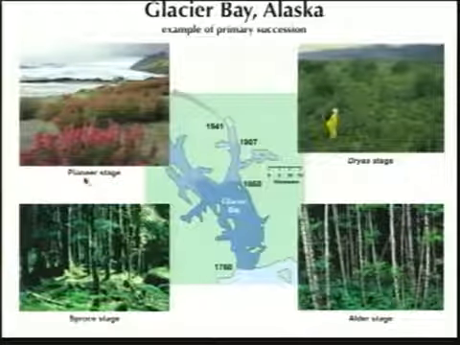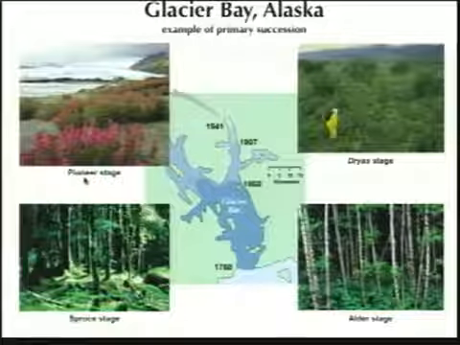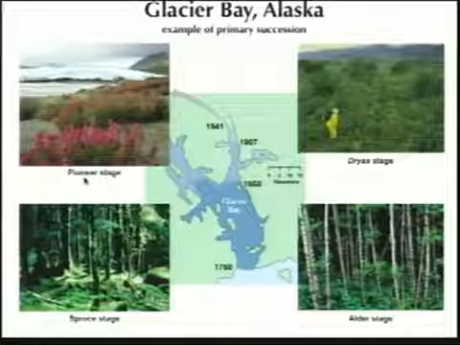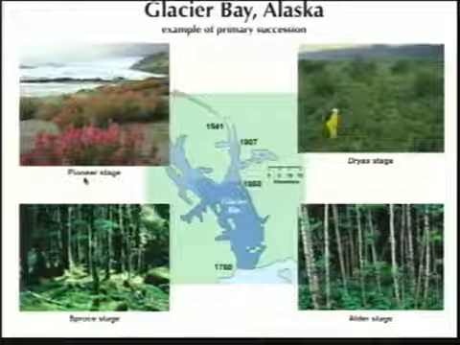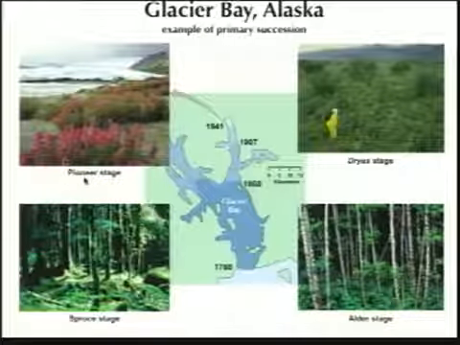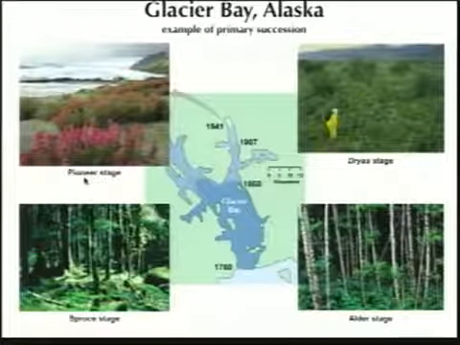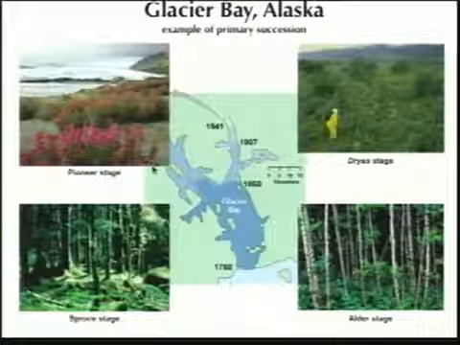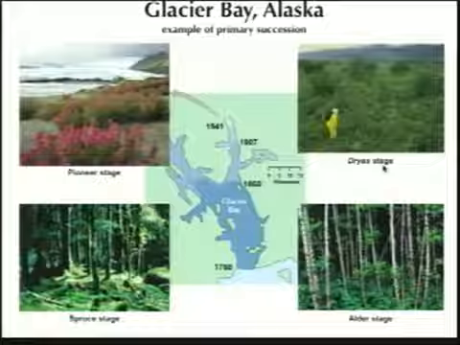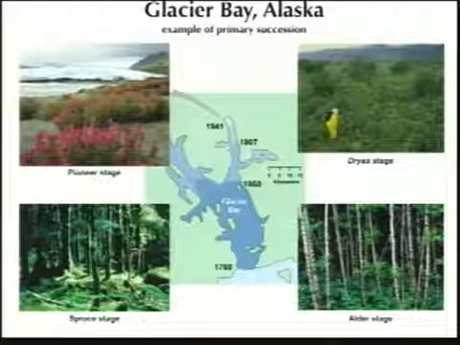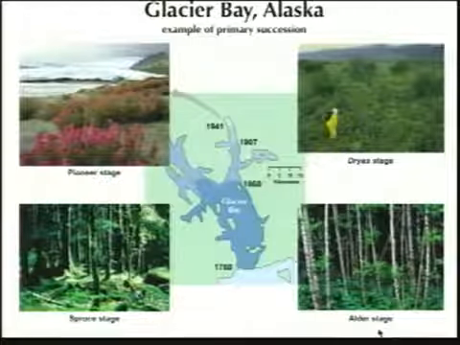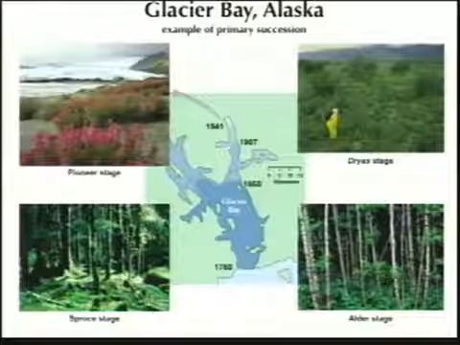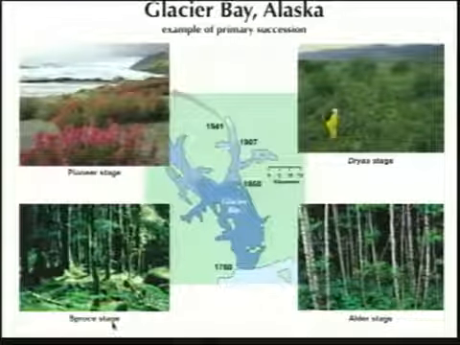That's a formal term in the study of succession, a pioneer. It's an organism that arrives in an early successional habitat early and becomes established early in the sequence. And then these systems go through these various stages. A dryas stage, a spruce stage, and an alder stage, so-called. Actually, the dryas stage precedes the alder stage, and the spruce stage is later.